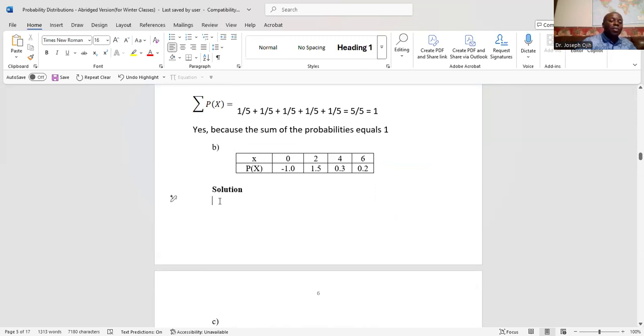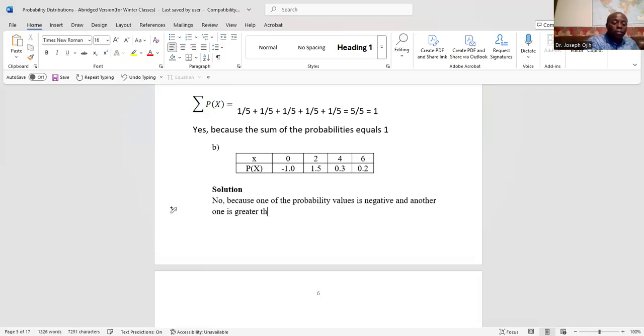So the answer now becomes, no, it is not a probability distribution, because one of the probability values is negative, and another one is greater than 1.